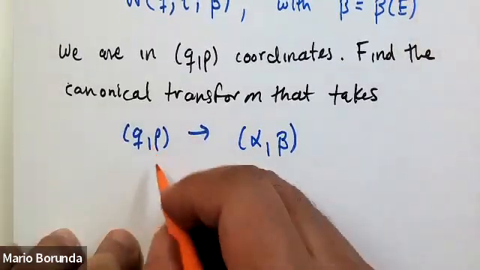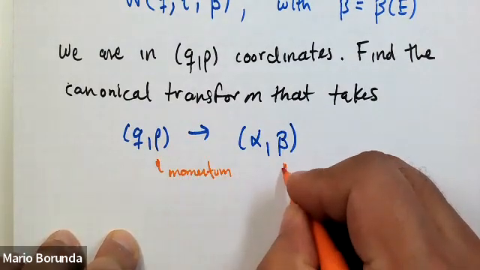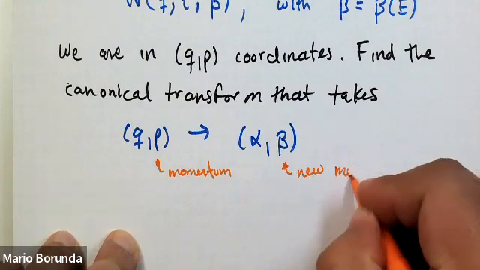Does that make sense? So this is momentum. In this new coordinate system, this is the new momentum.